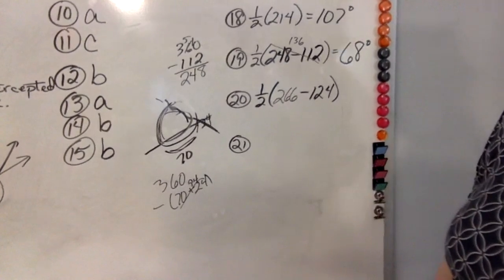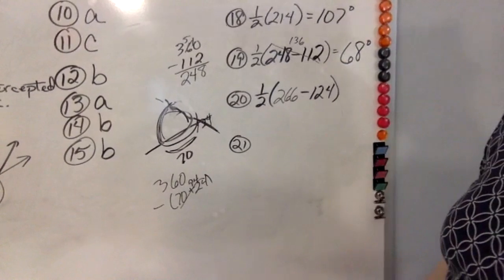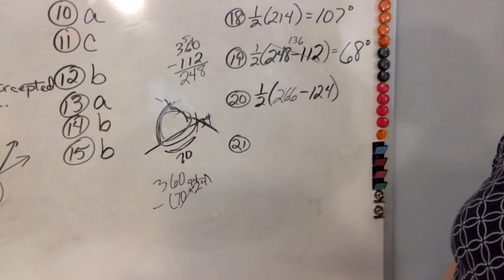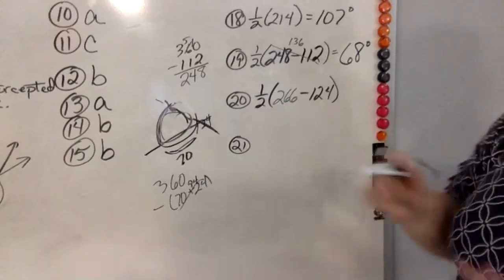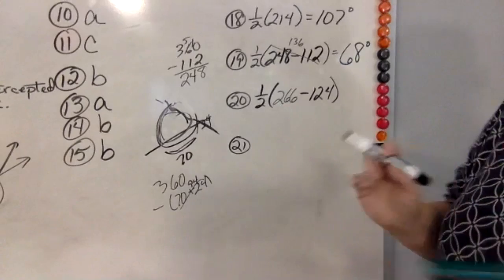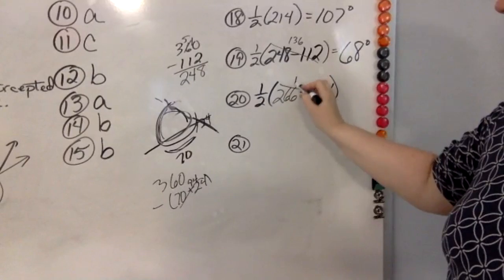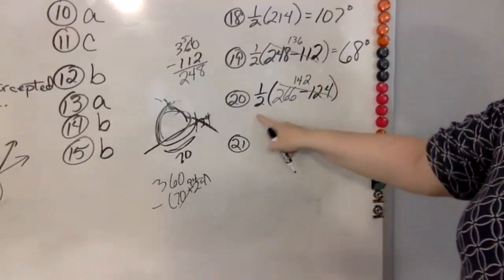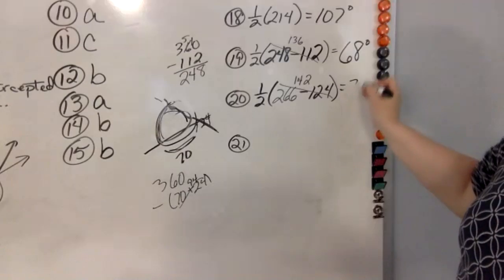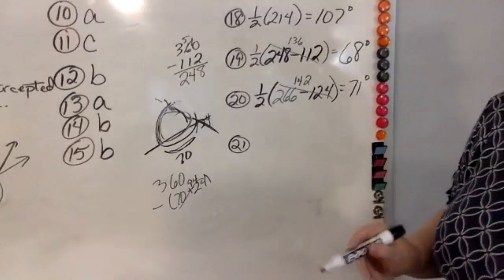Wait, I think I got it wrong. Okay. So what's 266 minus 124? 142. So half of 142, 71. So B is 71.